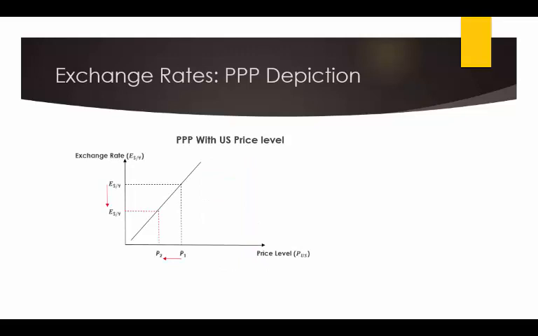The reduction, however, in the US price level causes the dollar-yen exchange rate to fall via PPP as depicted here. The long-run response of the Fed policy is therefore to strengthen the US dollar against the yen as the exchange rate appreciates.